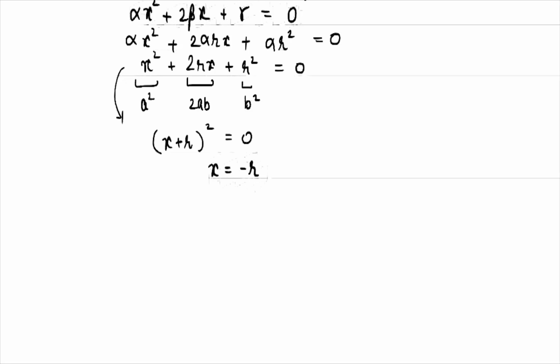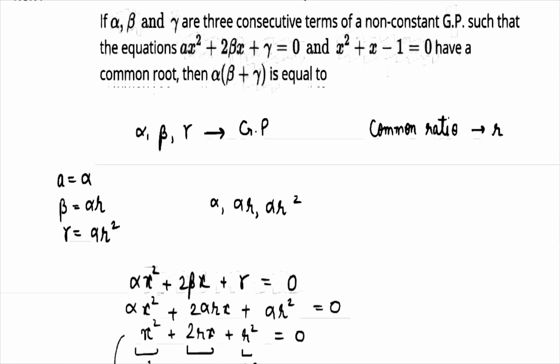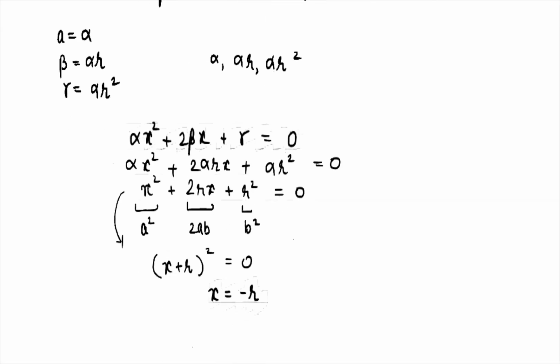Now, we have been given the second quadratic equation as x square plus x minus 1 equals 0, and it is given that both these quadratic equations have a common root. Since both quadratic equations have a common root, x equals minus r will satisfy the second quadratic equation also.